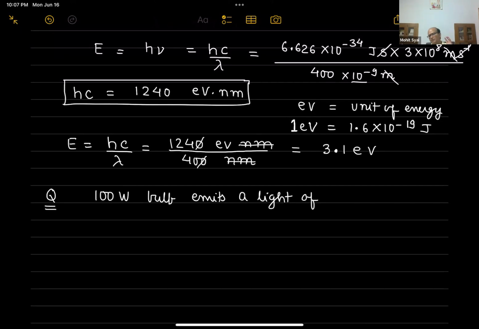Monochromatic means of one single wavelength. Normal light wavelengths are not monochromatic. Suppose I'm sitting in this white light; this is not monochromatic. It can have many wavelengths. Monochromatic means a single wavelength. So the 100-watt bulb emits light of wavelength 400 nanometer, which means it is a violet color bulb.